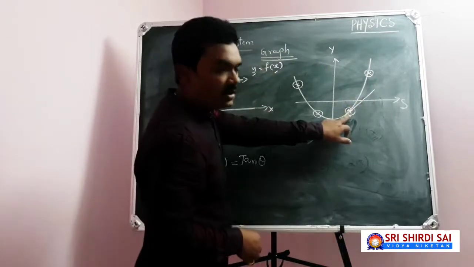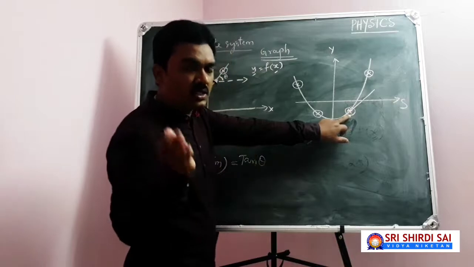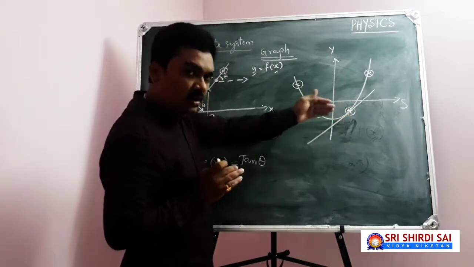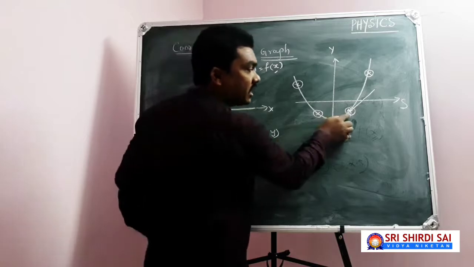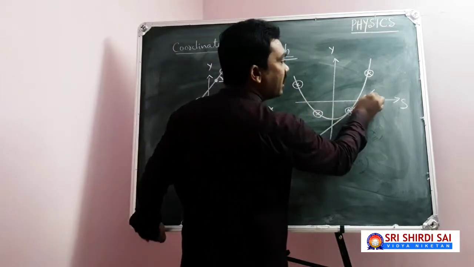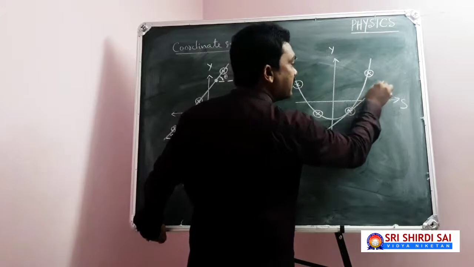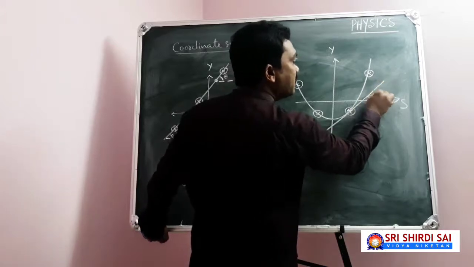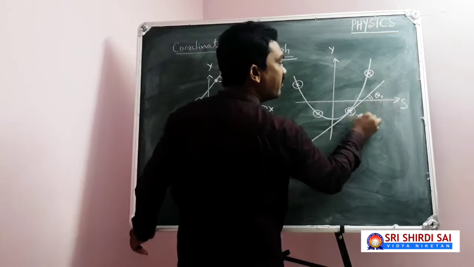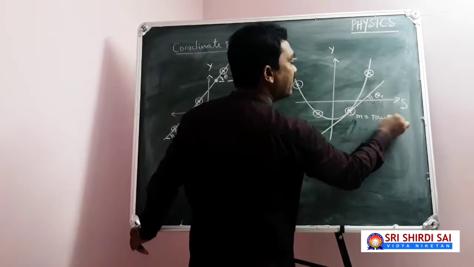When you wish to calculate slope of the curve, draw the tangential line at that particular point. Then this angle made by the tangent with the positive direction of x-axis will give the slope m equal to tan theta 1.